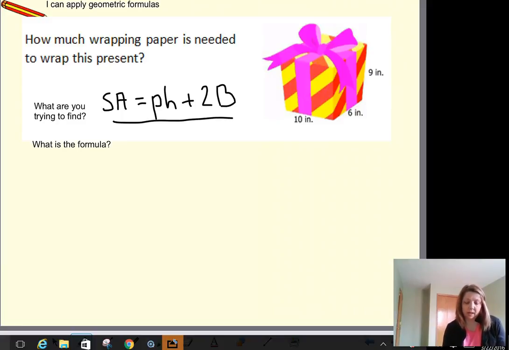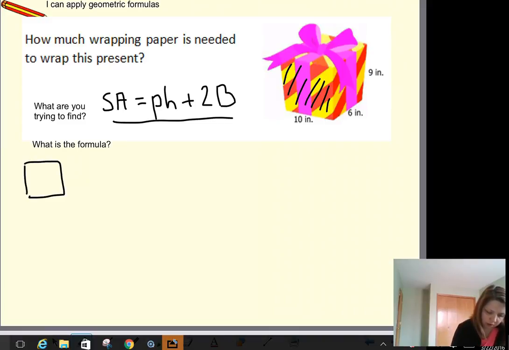You know that the box has a total of 1, 2, 3, 4, 5, 6 sides. So if you want to calculate first this front, the first rectangular shape will be the front, okay? And the front and the back are the same. So let's write down the measurements.